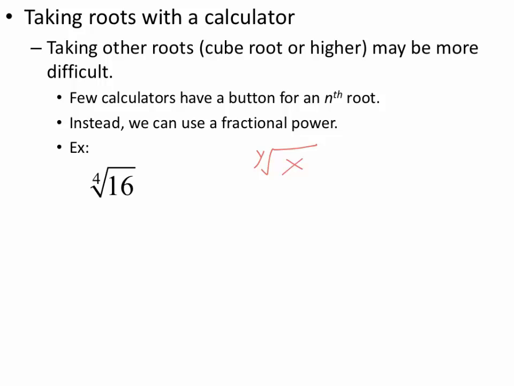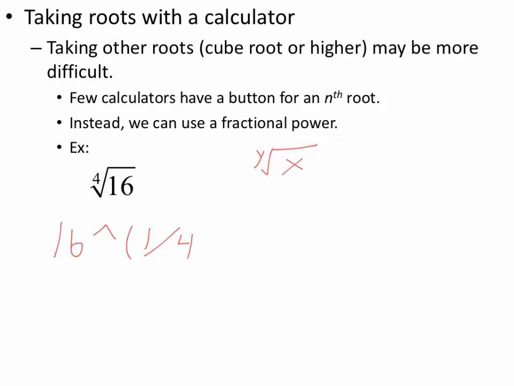So in this case, if we have the fourth root of 16, in this case what we can do is we can use a fractional power. So we can type this in as 16 raised to the, and then open parentheses, and our fractional power is going to be 1 over whatever root we have.